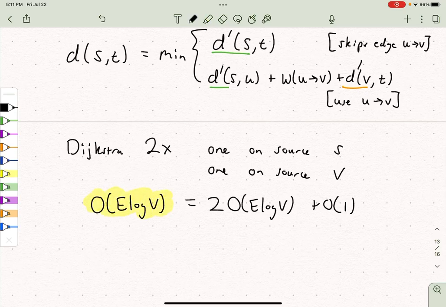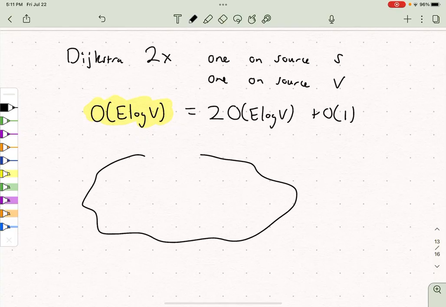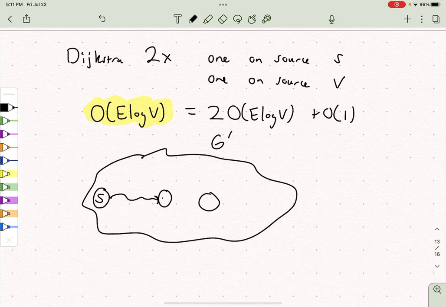And again, correctness just comes from the fact that we either use edge UV or we don't. So pictorially, this is G prime. We have U and V. We find all the shortest paths. Find another shortest path.